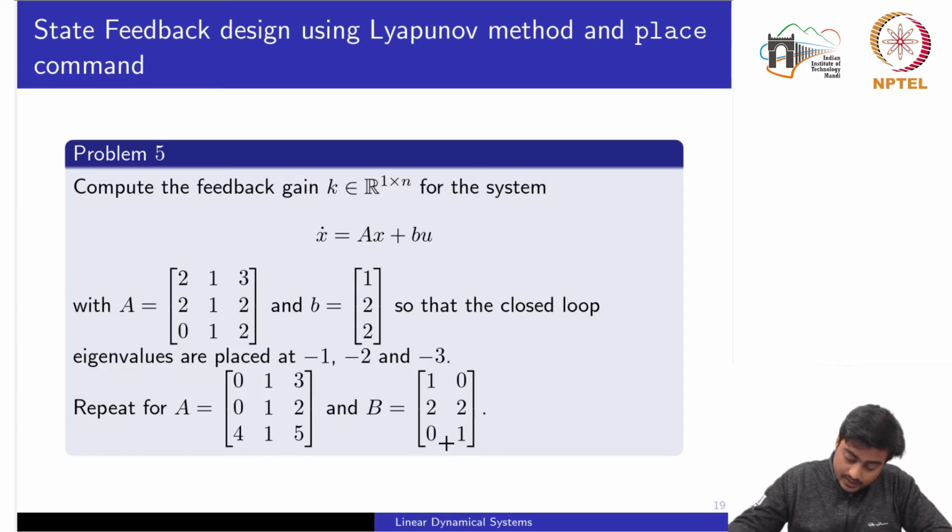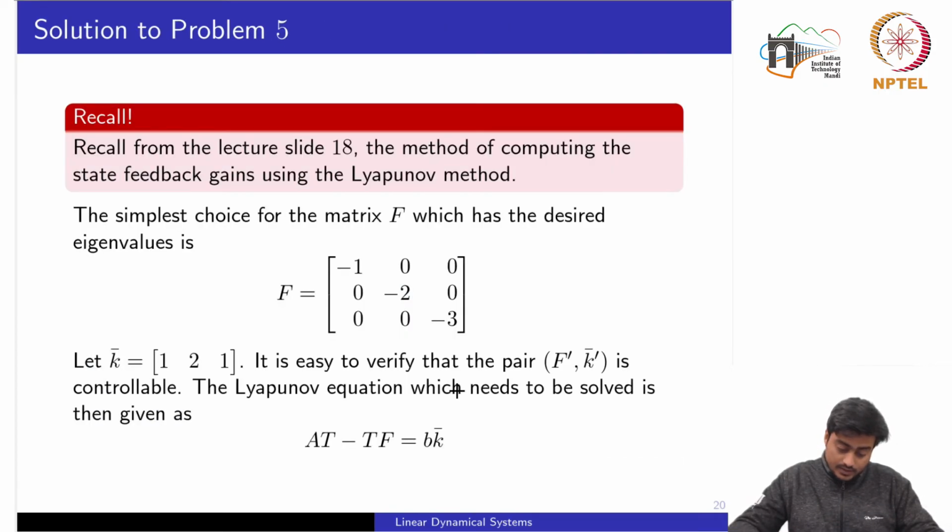This is because the B matrix contains two columns. So first we will solve the single input variable case. Recall from lecture slide 18 the method of computing the state feedback gains using the Lyapunov method. First we form a matrix F so that the eigenvalues of the matrix F would be at the desired location.